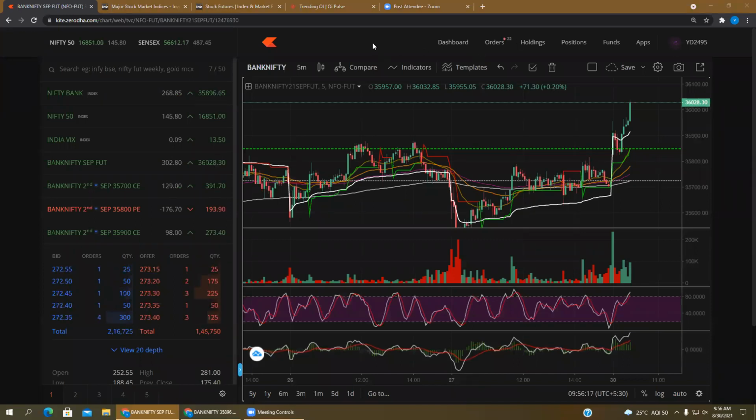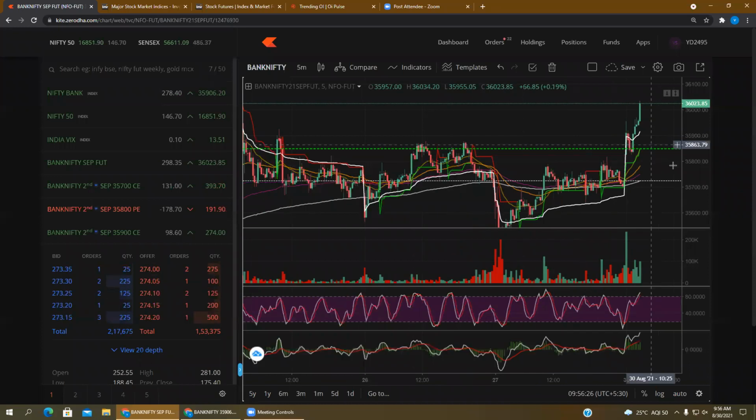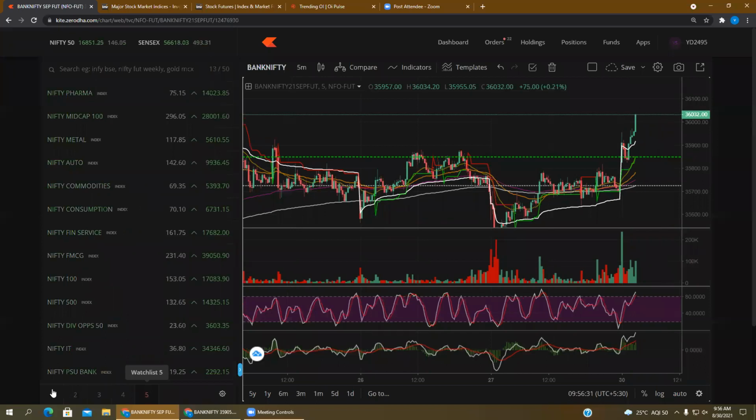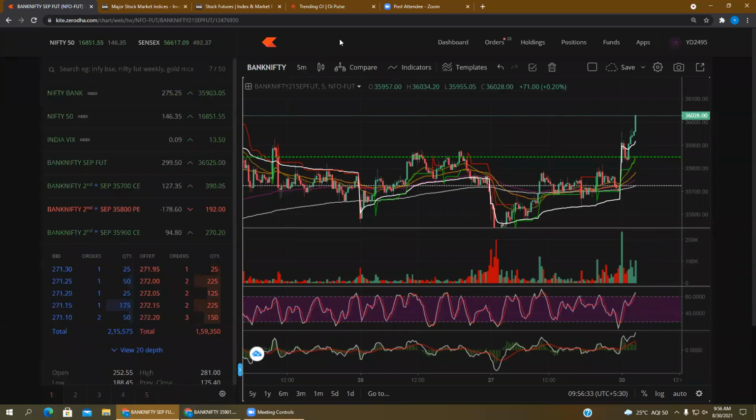Taken it at 273. Yes, Bank Nifty can be the leader now. So this is a very good candle.